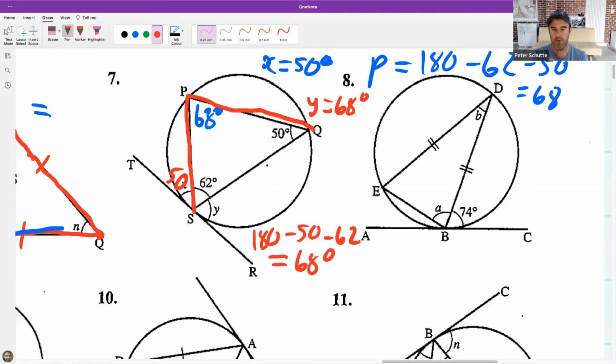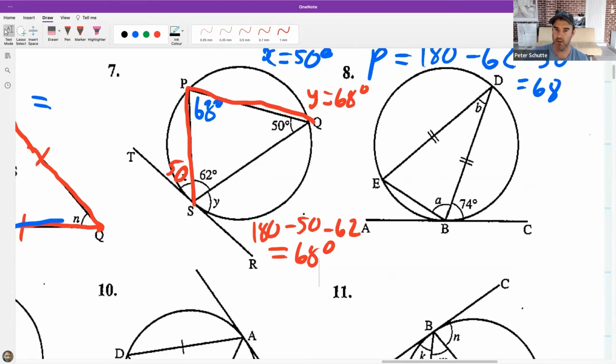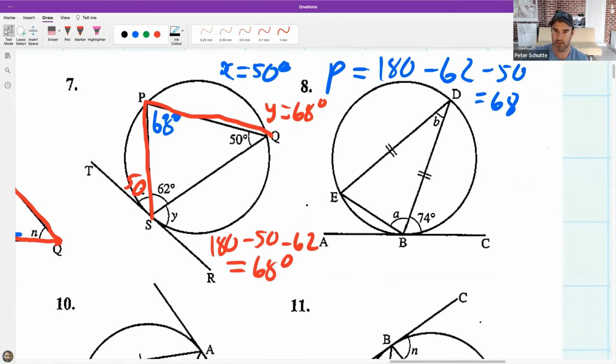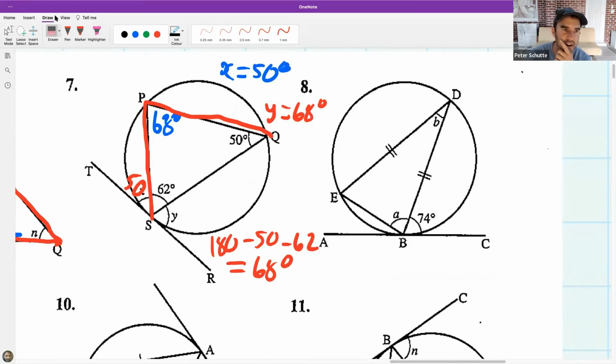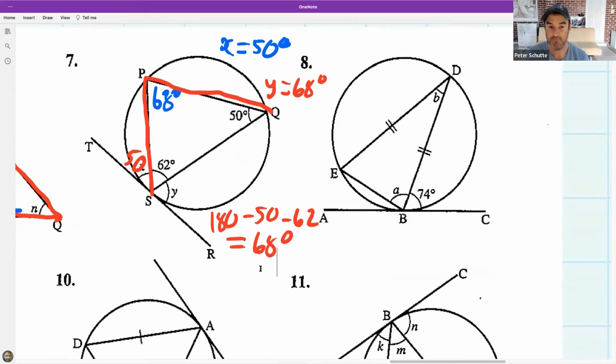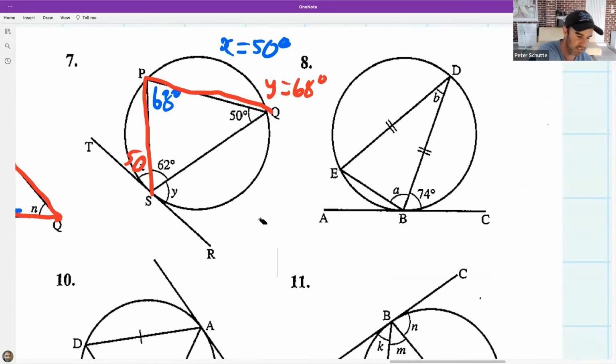Okay, so now that we're starting to get this, let's keep going and do number 8. I want you to try and do number 8, and you're going to try and find for me A and B. Try and find A and B. And I know for those who have been here since the beginning, you know that things are getting decent.